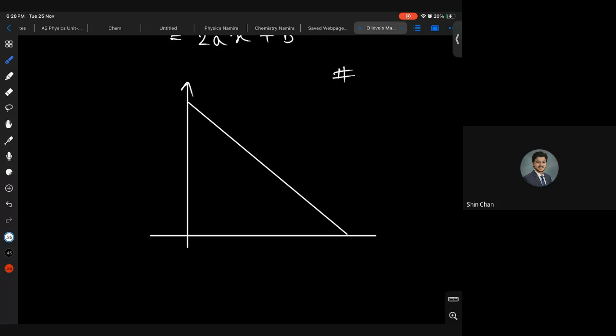At first, we need 2 points. Why do you need 2 points or two coordinates? Because without that we cannot proceed. Okay, and then apply the formula y2 minus y1 divided by x2 minus x1, right? That will give us the gradient.